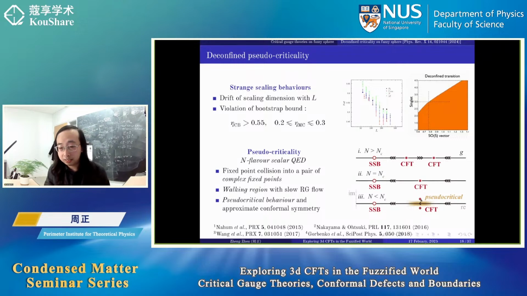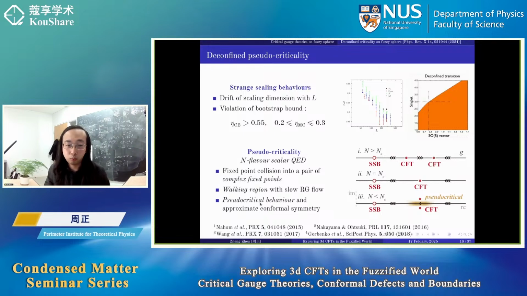So in the vicinity of those complex fixed points, the RG flow is very, very slow. And so if the system size is not large enough, the flow will get stuck in this working region, and we will observe behaviors that are controlled by the complex fixed point in its vicinity.